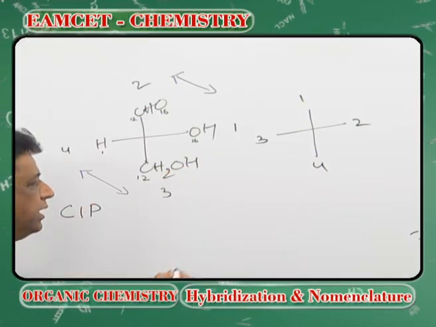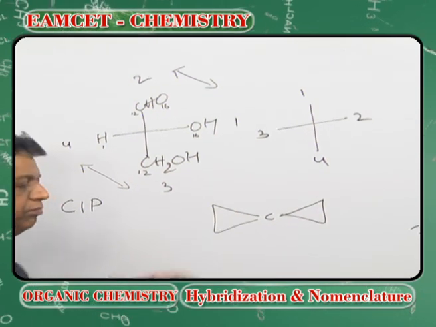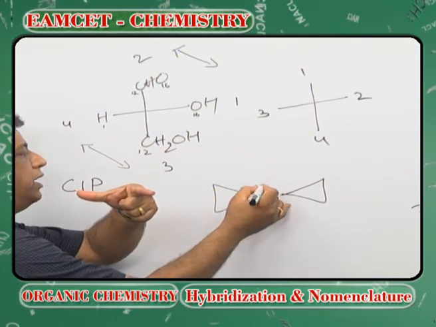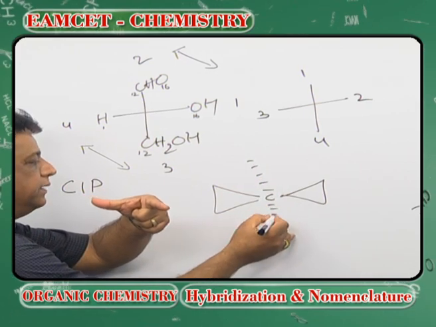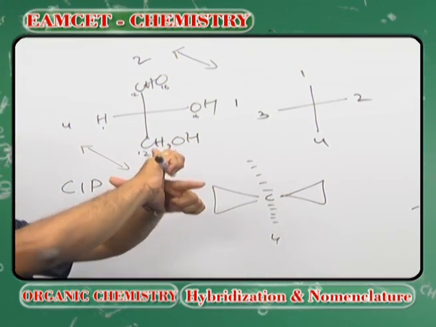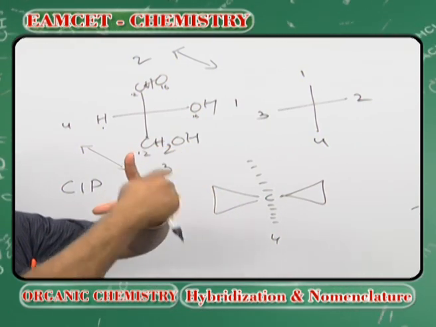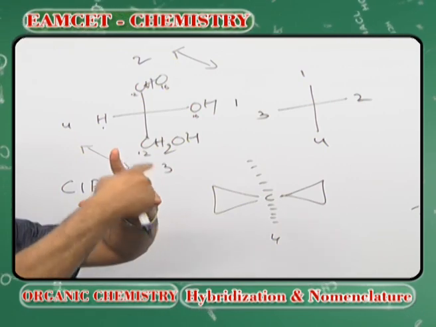Now, the symmetry of this molecule is actually that 2 and 3 are bent towards you and 1 and 4 are going backside, right. Now, the other 2 groups are going backside, you are holding this and shifting the 3 groups towards you and reading 1, 2, 3, making it into a circle.